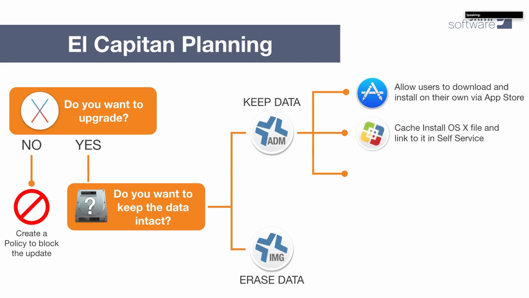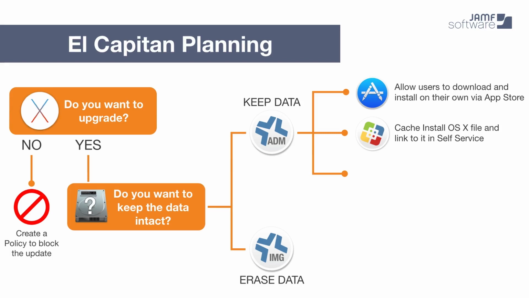The next thing you can do is you can pre-cache this file. And the way you do that is you essentially download the install file from the App Store and you upload it to the Casper Admin app. The Casper Admin app can extract out what it needs from that installer, and then you build a policy to say cache that installer on your Macs that you want to.